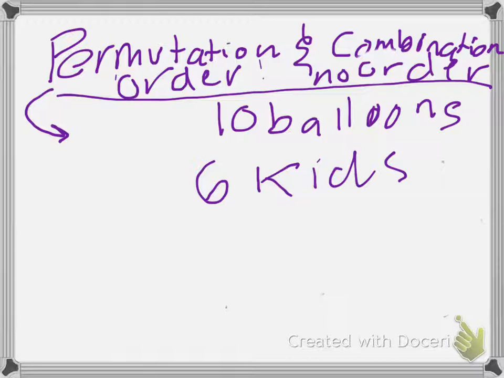Now, to decipher whether it's permutation or combination, we have to listen to what the question says. It asks how many ways the clown can give each child a balloon. So say we have our 6 kids, 1, 2, 3, 4, 5, 6, and say we have 10 balloons. They're all different colors.